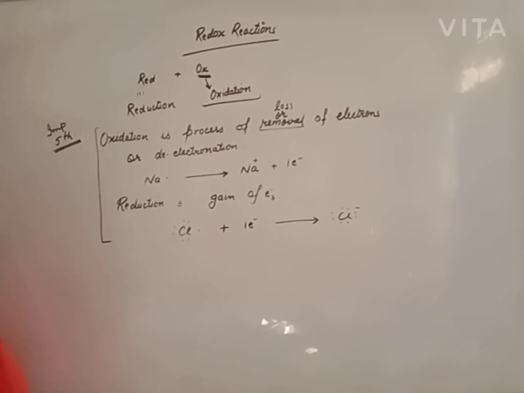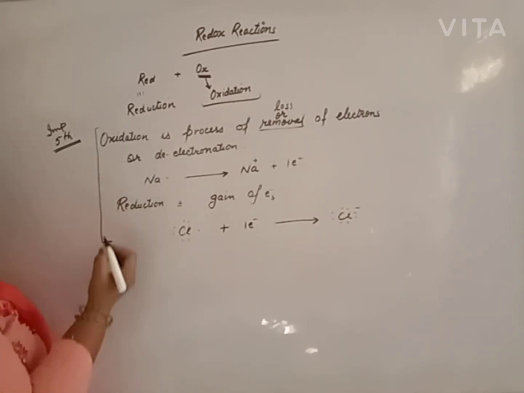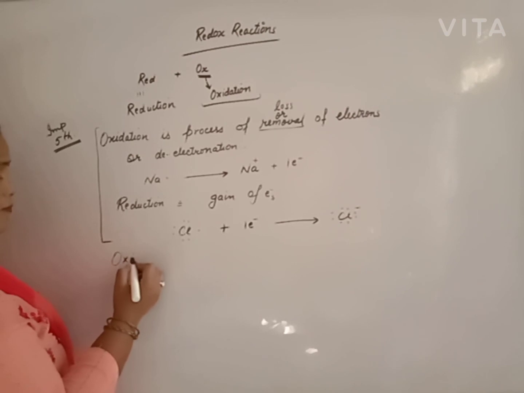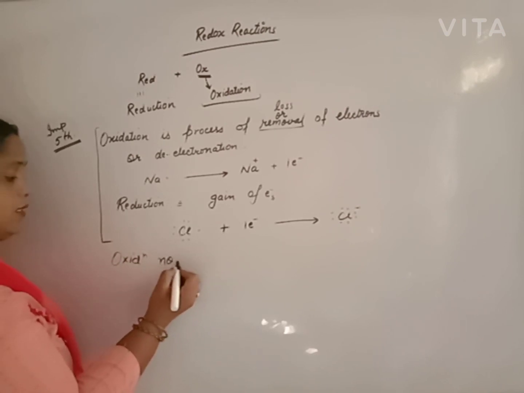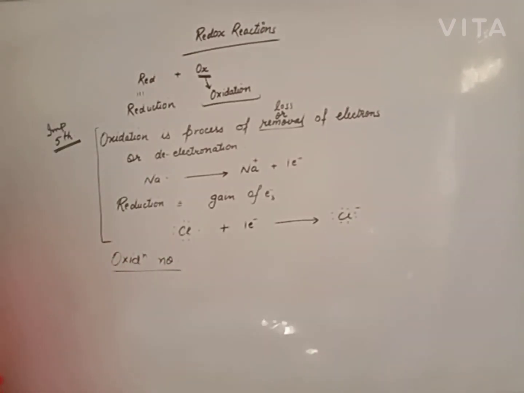Actually, in your syllabus, oxidation and reduction are defined in 6 ways. The 6th definition will be discussed after knowing the oxidation number. How this oxidation number is calculated in a given compound, element or ion, either a simple ion or a complex ion, will follow some rules.